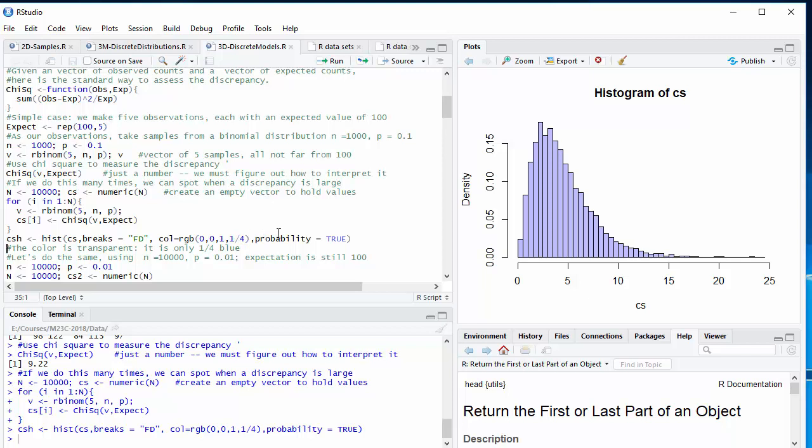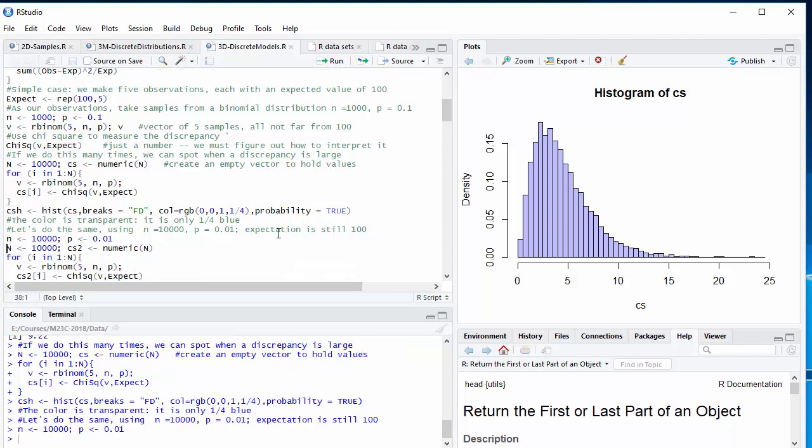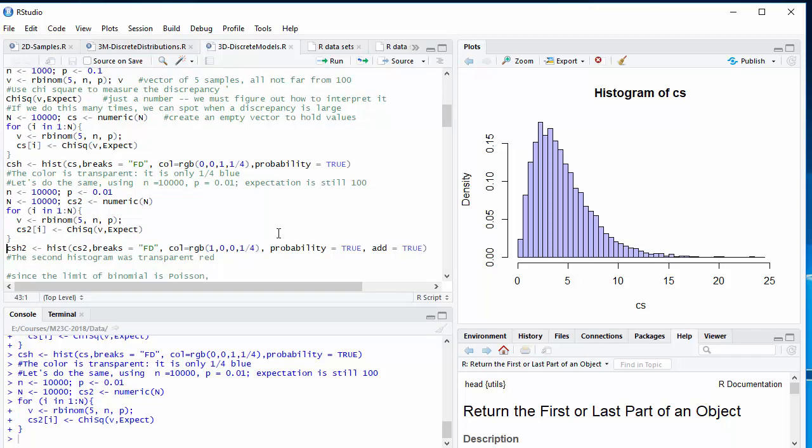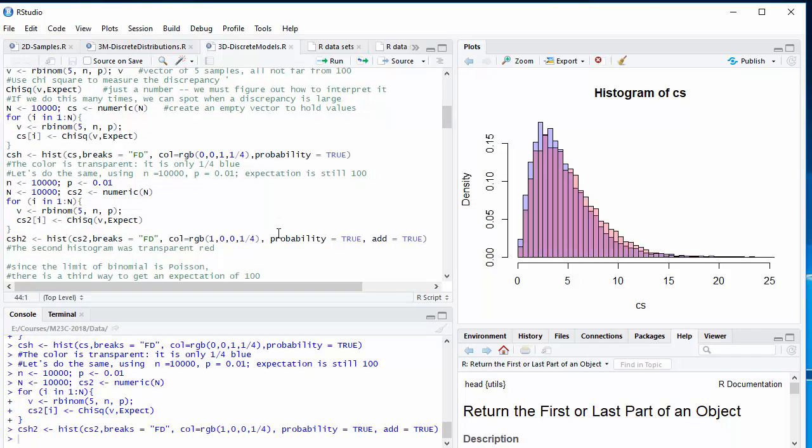If I do the same thing with 10,000 trials, but the probability of success down to 0.01, the expected number of successes is again 100. And if I do the same thing, the histogram looks very much the same.